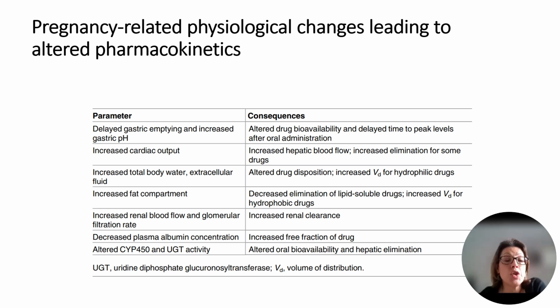And the same is true for drugs that are bound to albumin. They are carried in the body system by being bound to a protein, and that could also affect the distribution of the drugs and the availability of the free drug in the system.